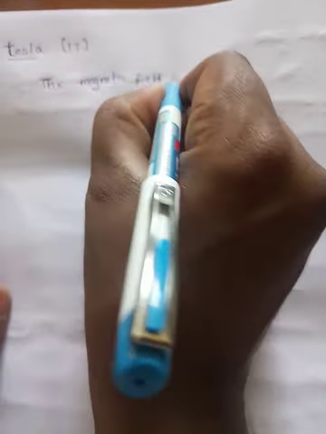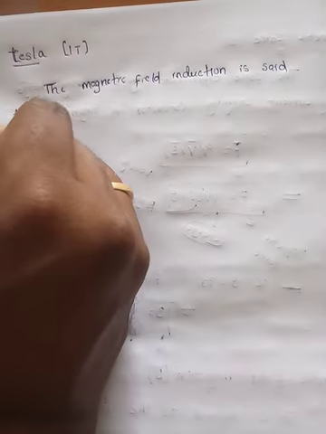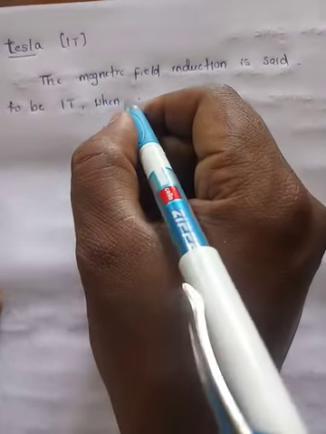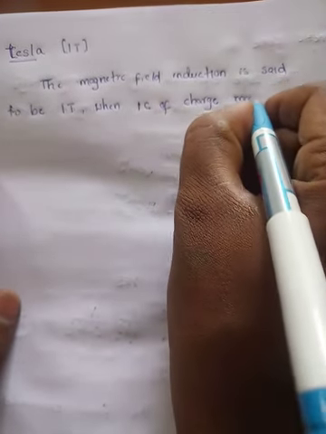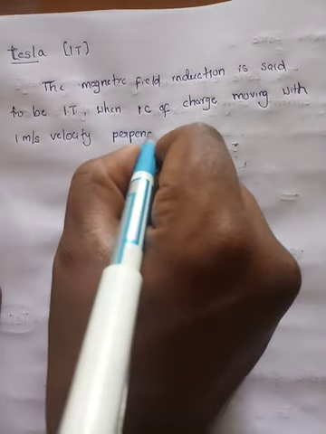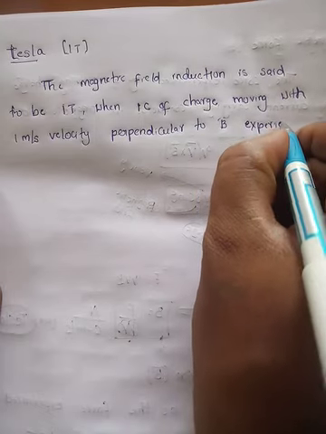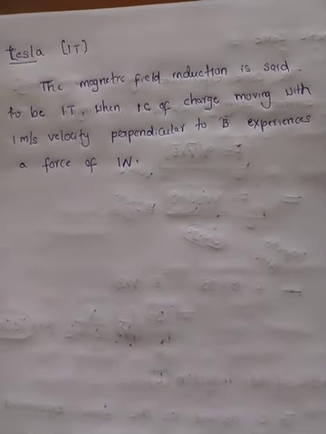Magnetic field induction is said to be 1 Tesla when 1 coulomb of charge moving with 1 meter per second velocity perpendicular to magnetic field experiences a force of 1 Newton. So this is about magnetic field.